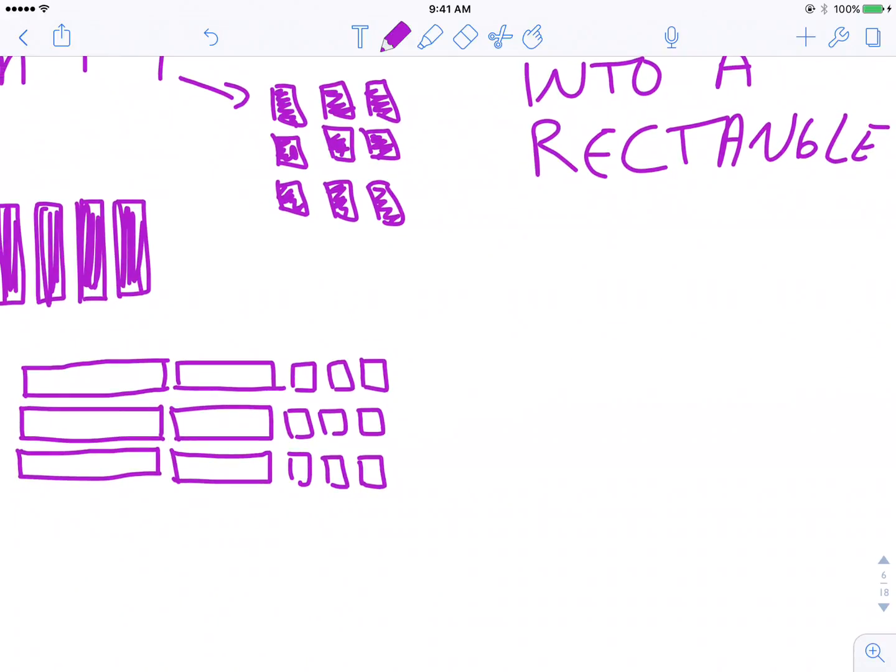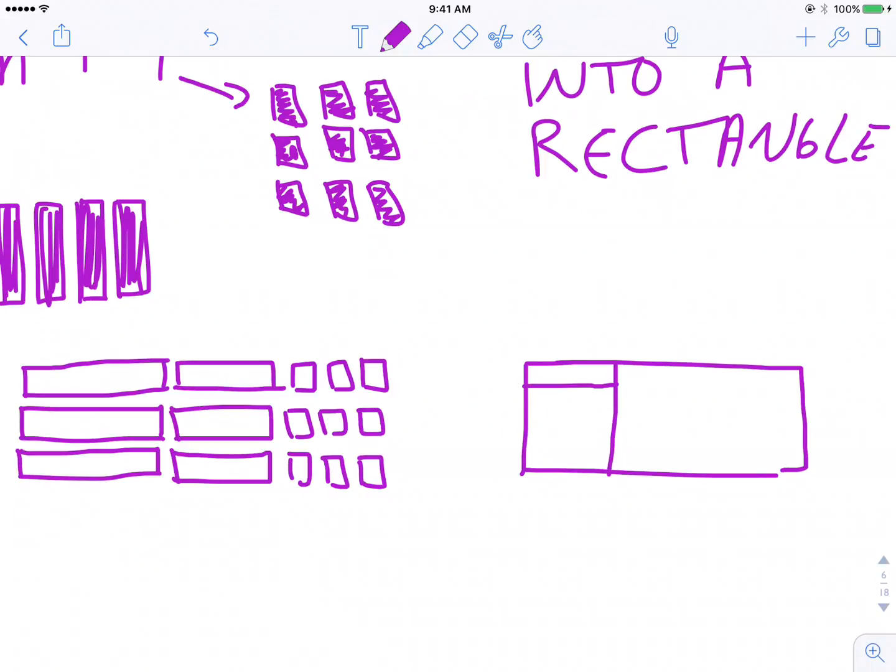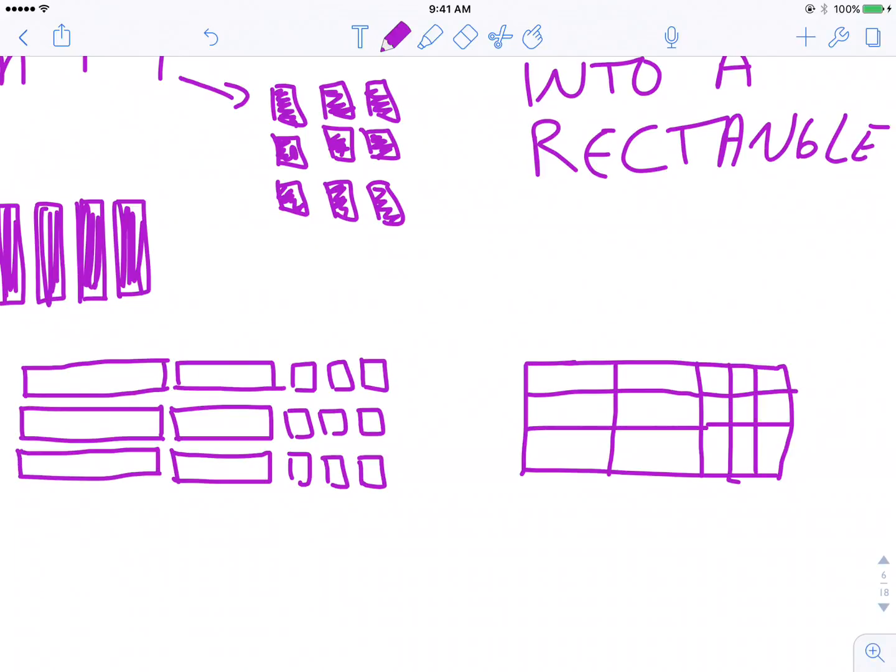And in actuality, using actual tiles, it would look something like this. Here's your rectangle. There's my 6 rectangles. Not very square, but there's my 9 squares. That's what it would look like.